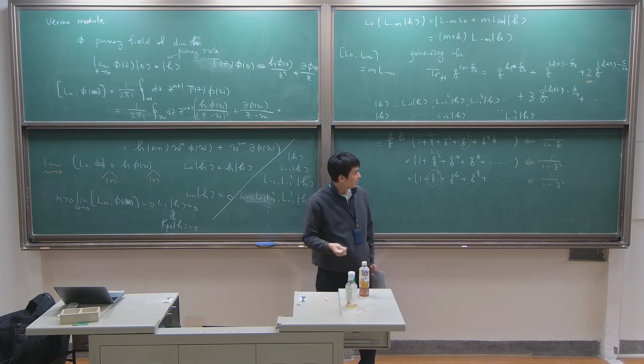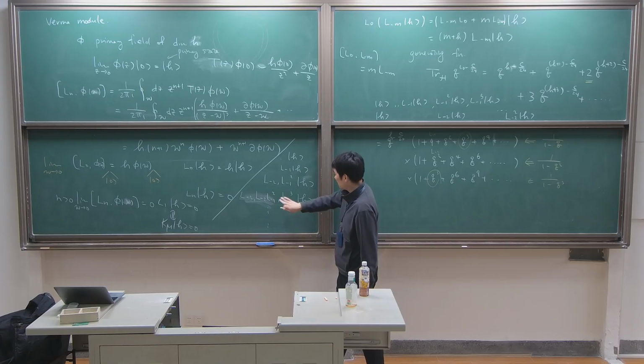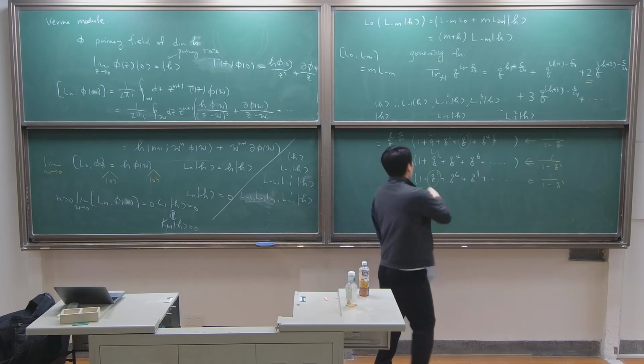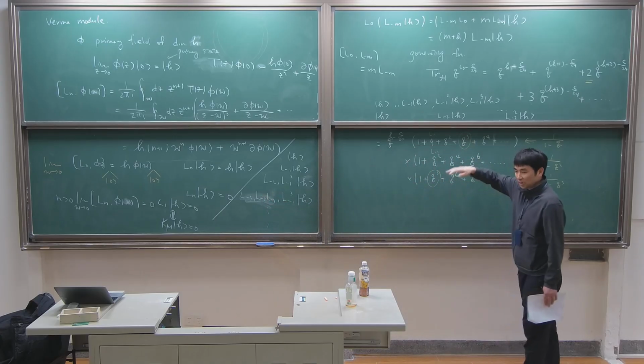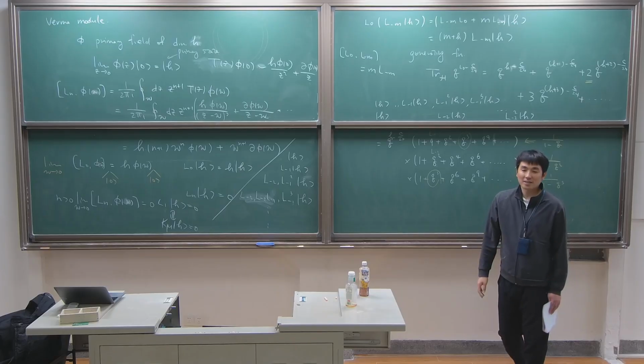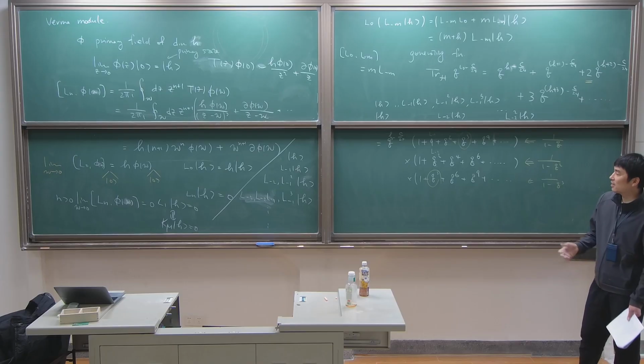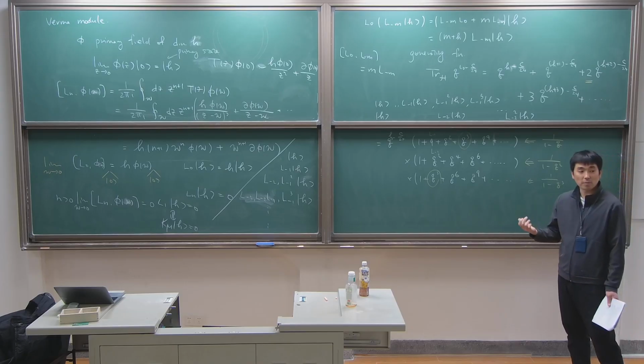Sorry, this is still not squared here, so L minus 2. If you multiply them all together, you can generate all the states, the contribution from this module.